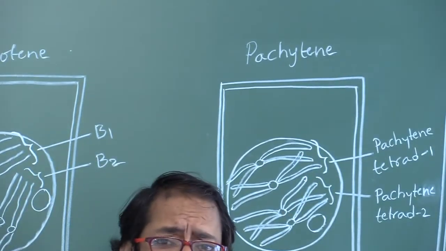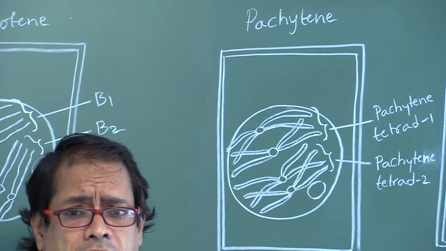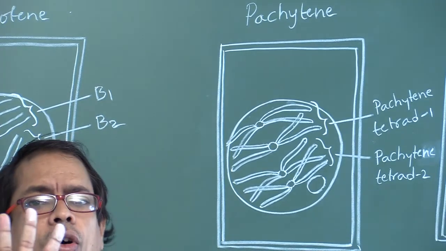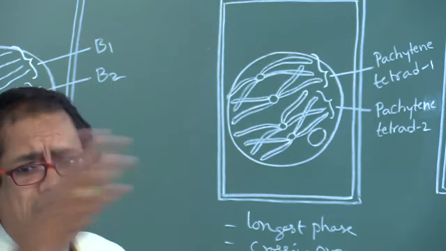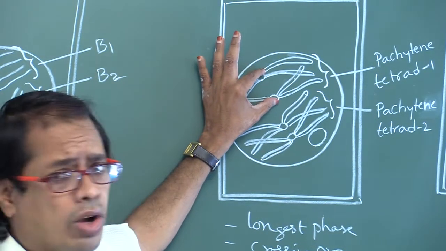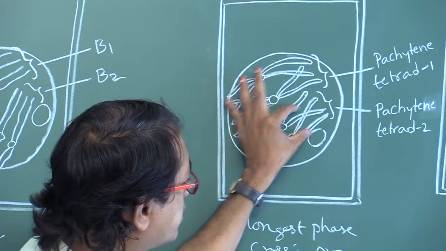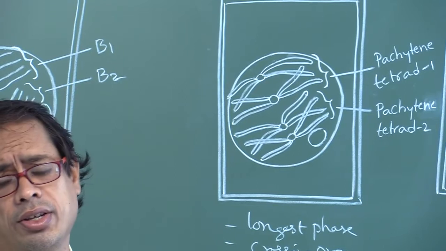A pachytene tetrad contains how many chromatids? Four chromatids. That is why it is called a tetrad. How many tetrads are formed? This is one tetrad and this is another tetrad. So the number of tetrads is equal to the number of bivalents.